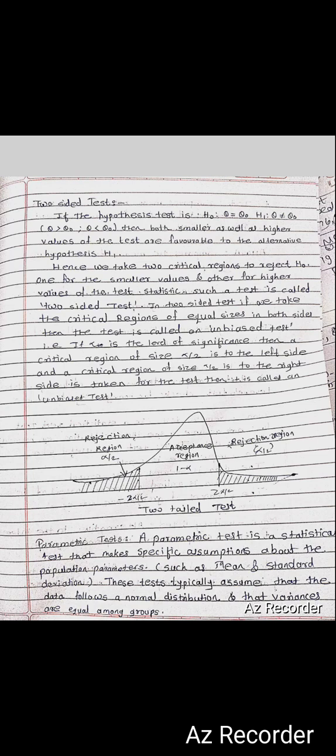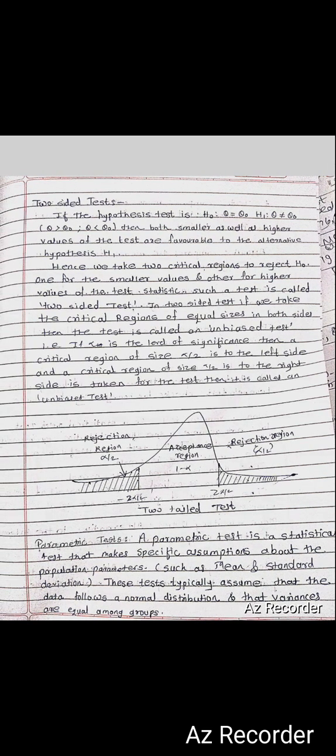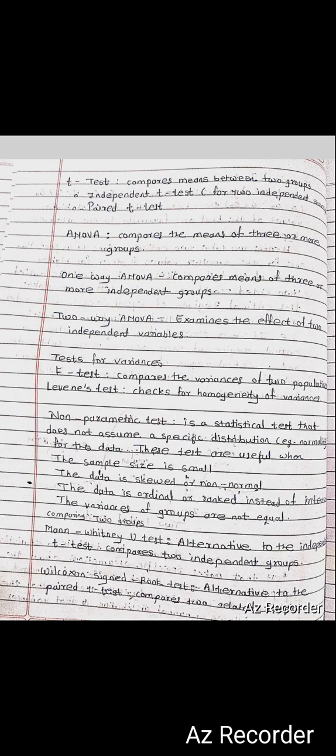A parametric test is a statistical test that makes specific assumptions about the population parameters such as mean and standard deviation. These tests typically assume that the data follows a normal distribution and that variances are equal among the groups. To check whether it is parametric or non-parametric, there is the Kolmogorov-Smirnov test.